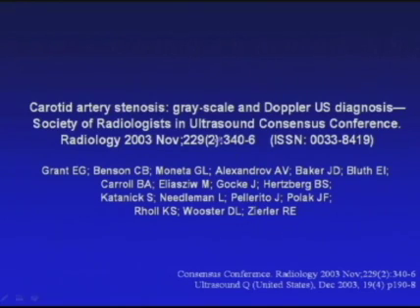This paper was published in 2003, and it is the result of a consensus of experts in the matter of carotid artery. I think this is a very interesting and very important material. Many laboratories are using this method all around the world. These are the rules that we use in our laboratory.